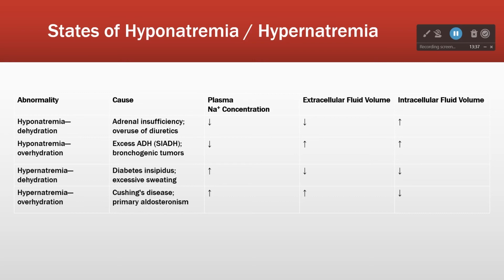So if you're secreting antidiuretic hormone and don't need to be, let's say you have one of those paraneoplastic syndromes that we talked about in MedPath, well, you're going to hold on to fluid and your sodium level is going to tend to fall. Like the bronchogenic tumors, that's the paraneoplastic syndrome.